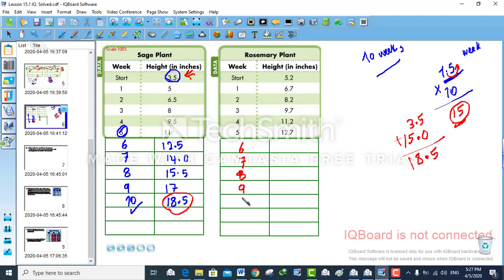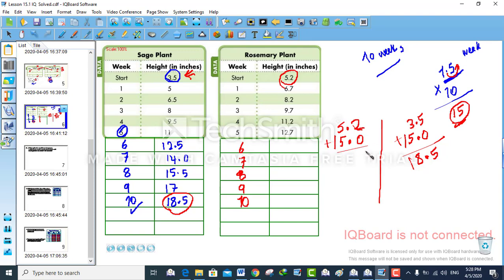So instead of doing 6, 7, 8, 9, and 10, just let me try to do it by the faster way. We have 10 weeks multiplied by the same 1.5, so I will add 15. The start here is 5.2, so I will just add 5.2 plus 15. Put the decimal with the decimal and the decimal point here and do addition.